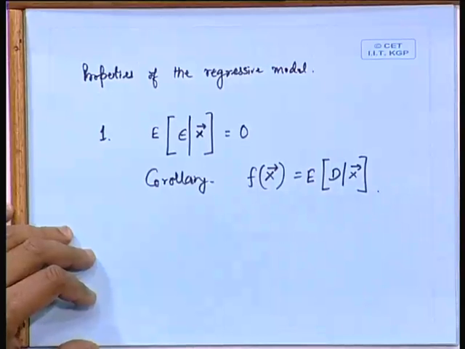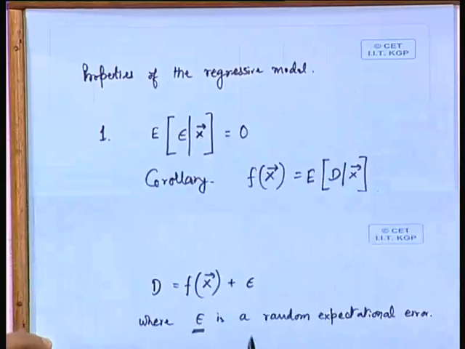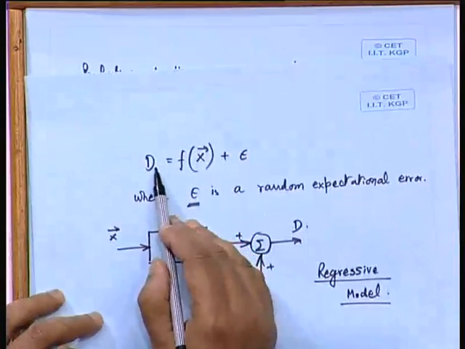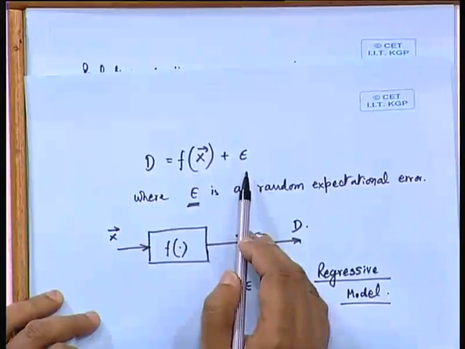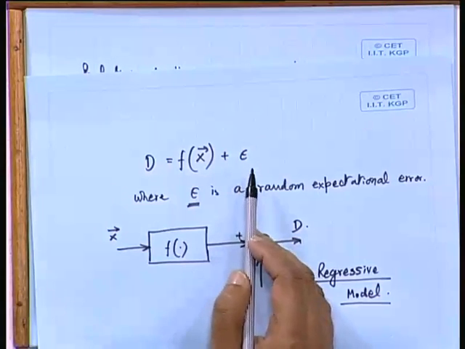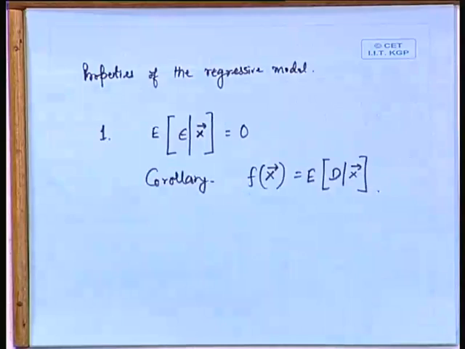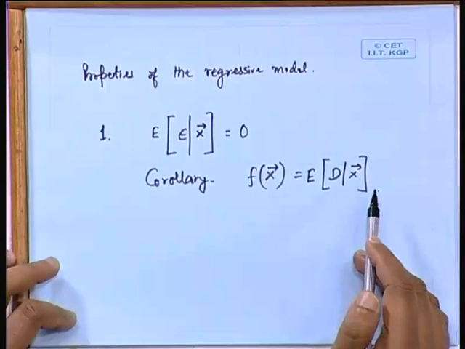Quite understandable, isn't it? Because the expectation of D given x vector will be equal to f of x plus the expectation of epsilon given x vector, and the expectation of epsilon given x vector is already equal to 0. That is why this will be equal to the expectation of D given x vector.